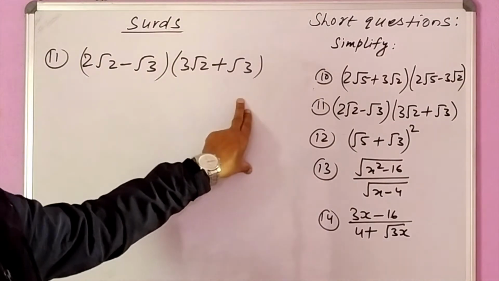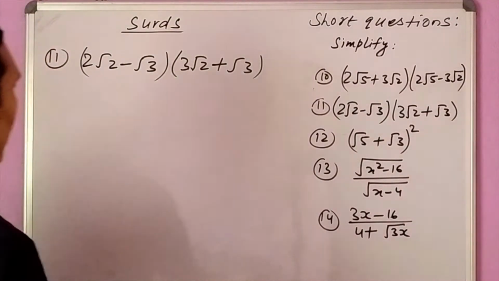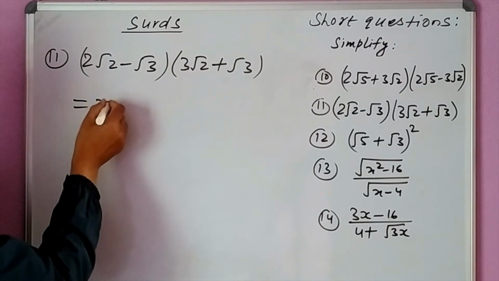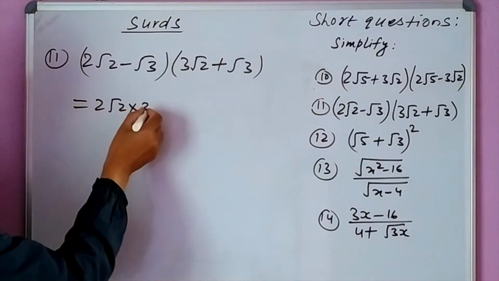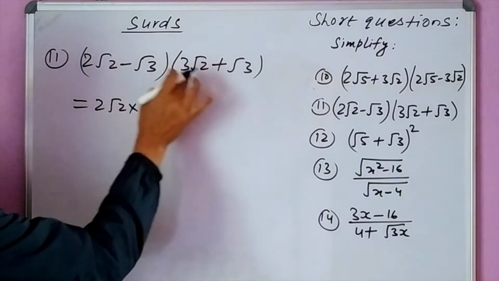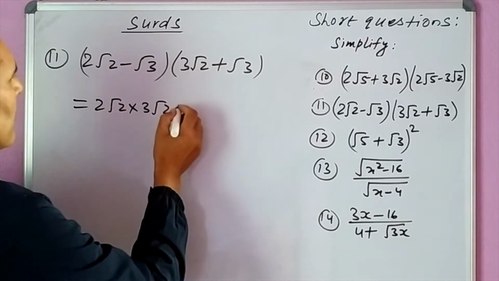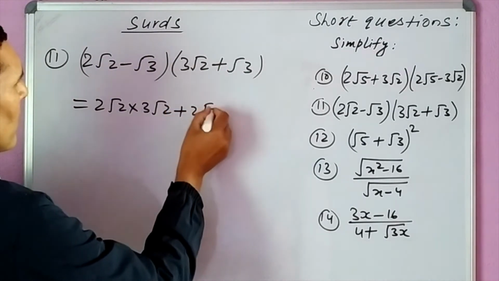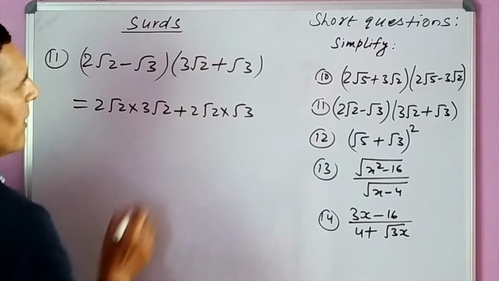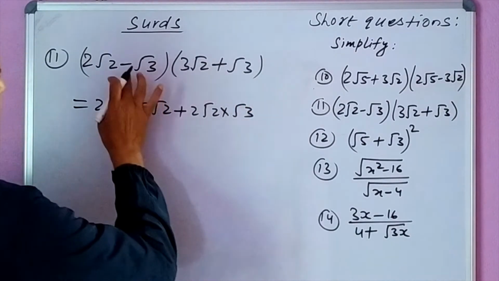So we have to multiply these two factors here. 2 root 2 into 3 root 2, and 2 root 2 into root 3, and so on.